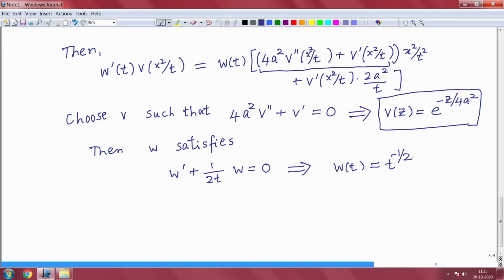So thus we have obtained a particular solution of the heat equation.